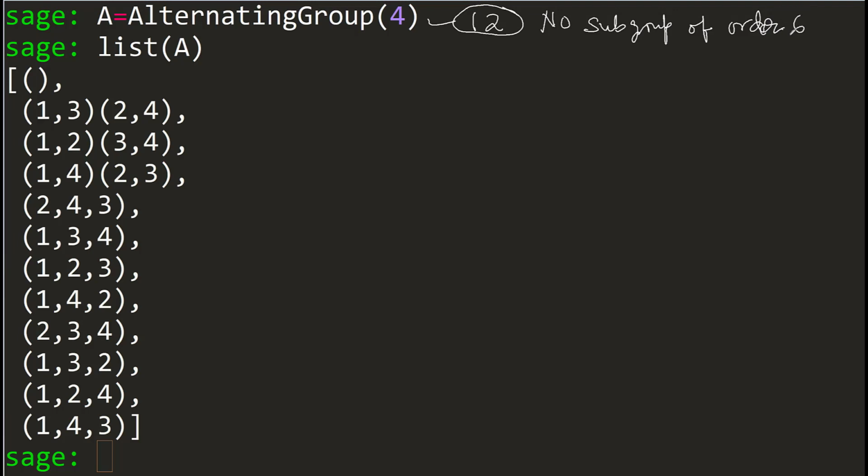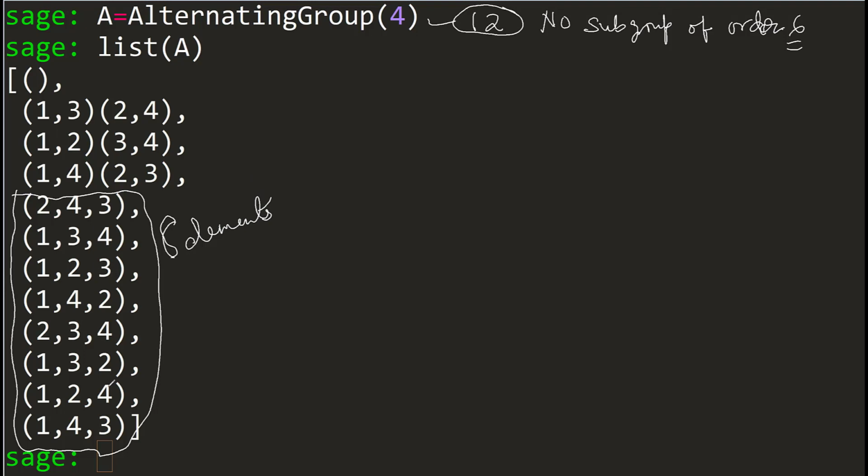Okay, so first notice this, that it has not 6, rather 8 elements, which are 3 cycles.